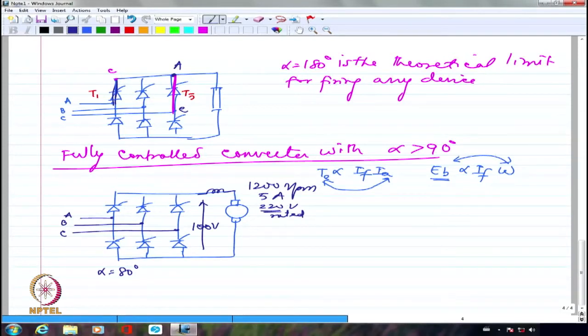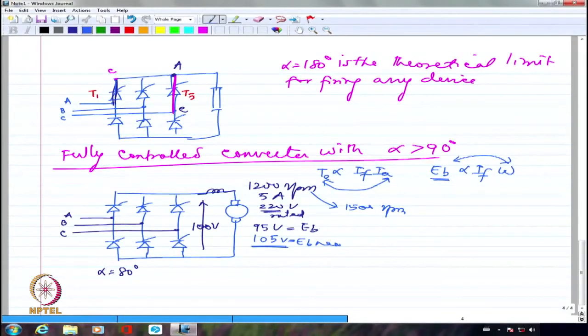So, I will have definitely this back EMF, instead of originally whatever was the 95 volts back EMF, now it may become 105 volts or 110 volts because of increase in the speed. So from 1200, let us say the speed has become 1500 RPM. If the speed increases, the back EMF is going to increase.